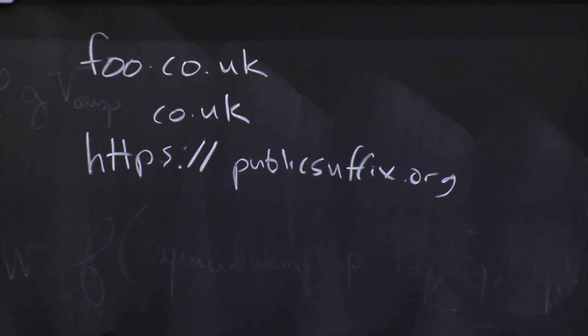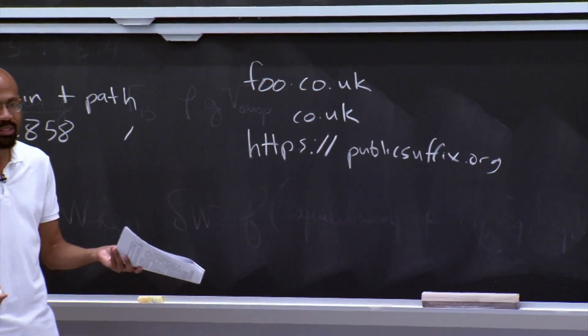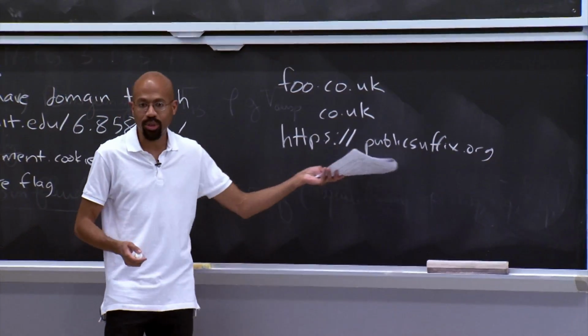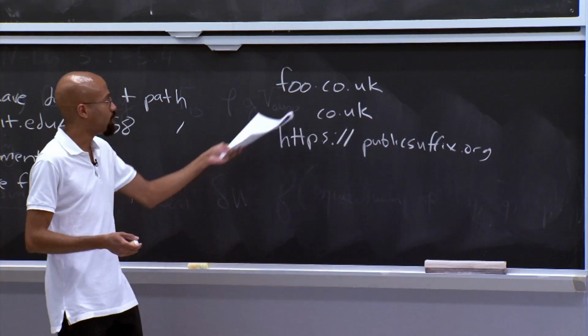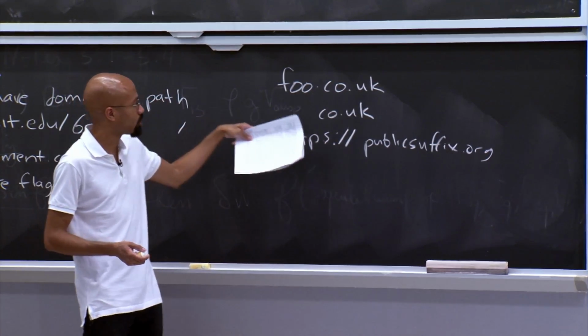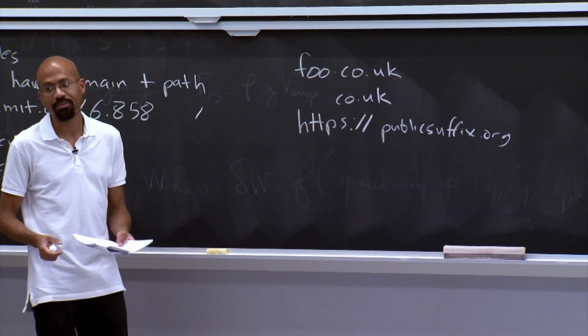So when your browser is figuring out how to do all these various cookie manipulations, it's going to consult this site, or have this baked in somehow, to make sure that foo.co.uk can't just shorten its domain to co.uk and then perform some chicanery.